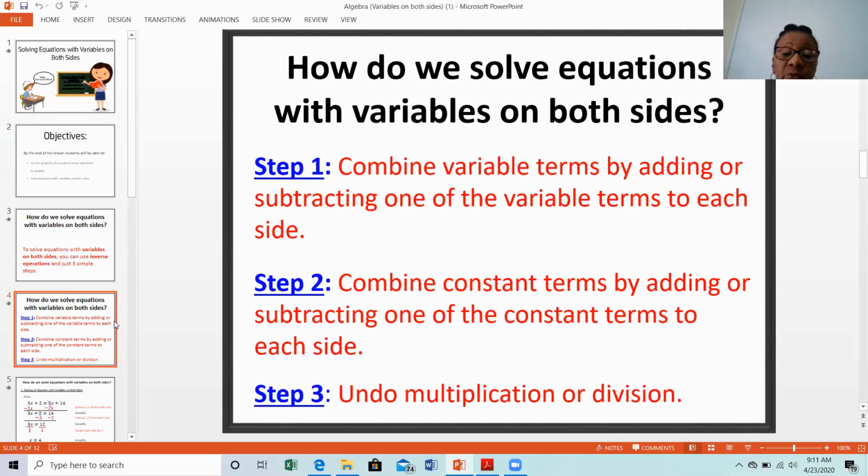Step number 2, you can combine constant terms by adding or subtracting one of the constant terms to each side of your equation. And then our 3rd step will be to undo multiplication or division. We did that as our final step when we were solving 2-step equations.